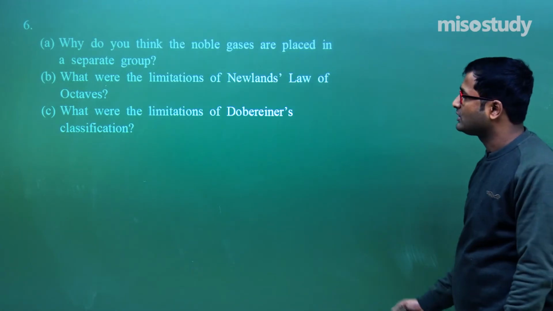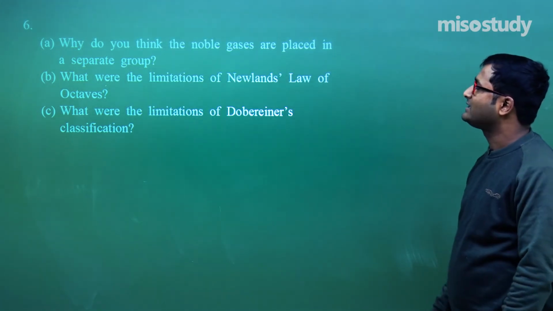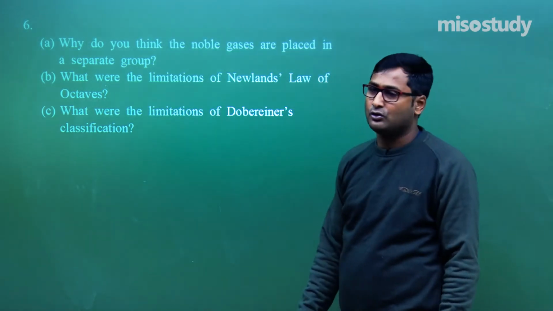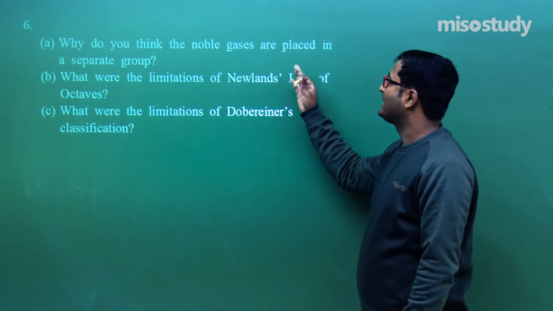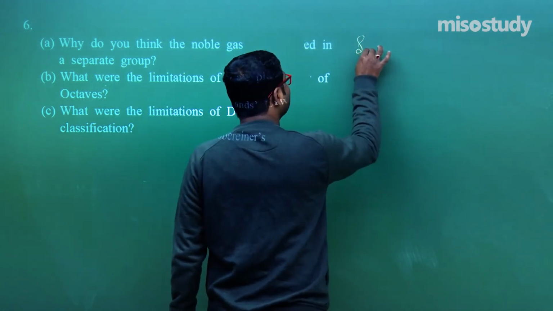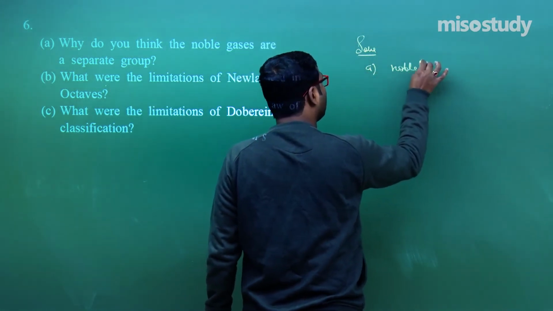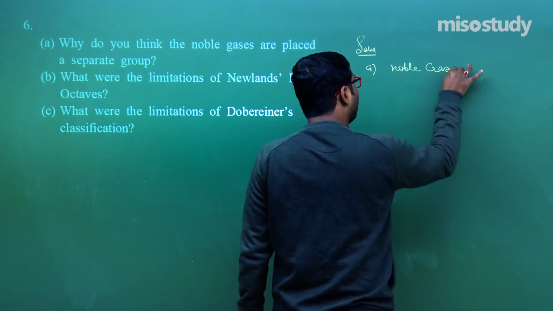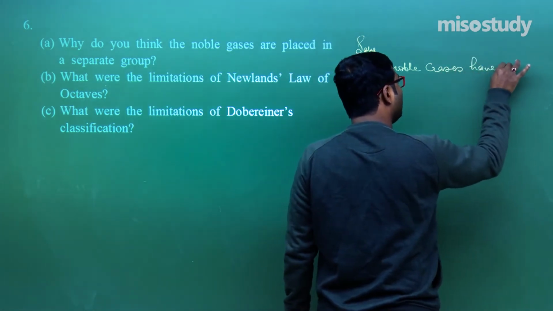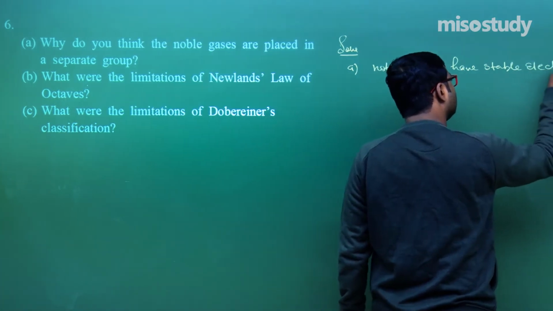Now let's move to question number 6. Why do you think the noble gases are placed in a separate group? That is a good question. We know noble gases have stable electronic configuration.